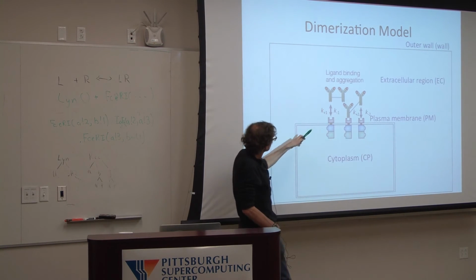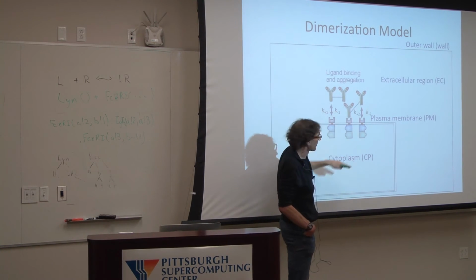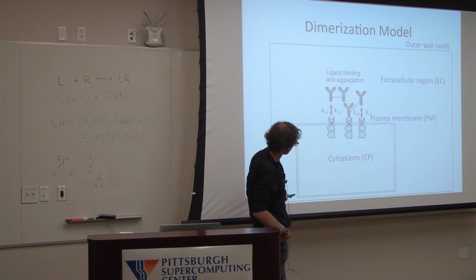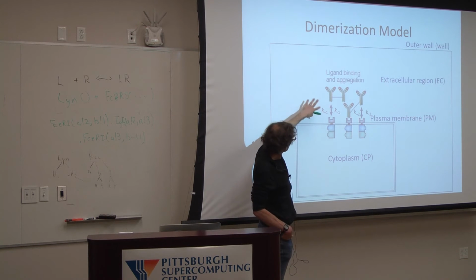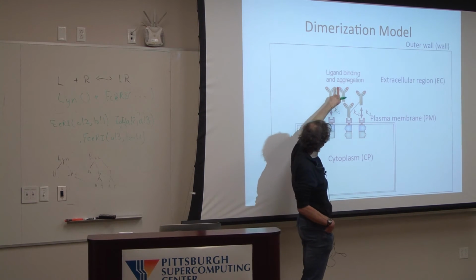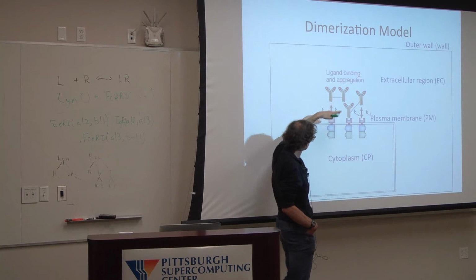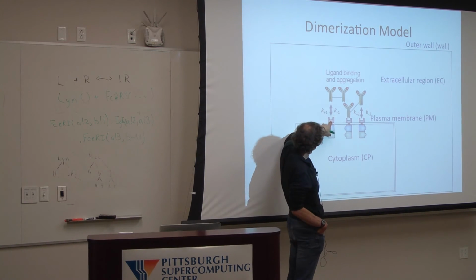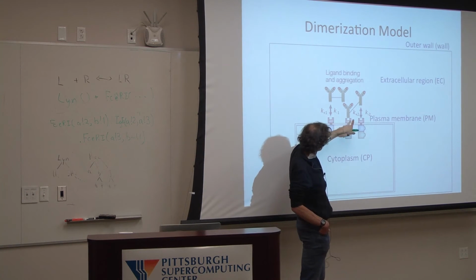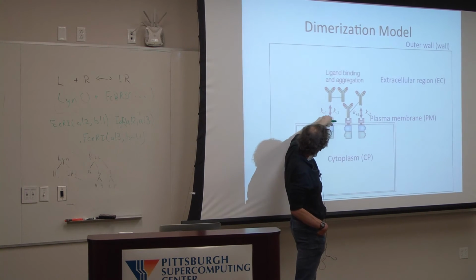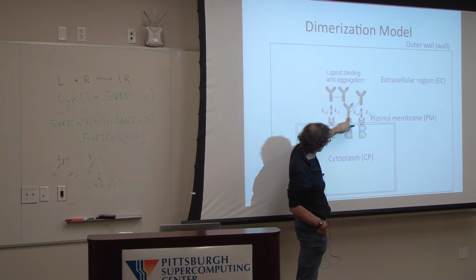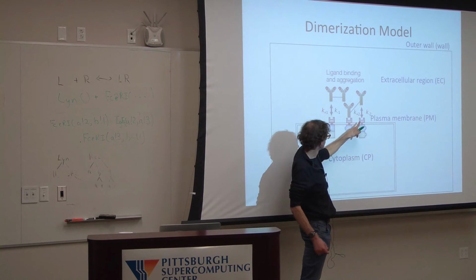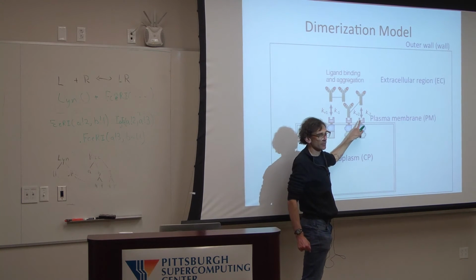In a typical experimental situation, you have a cell that's maybe in suspension, and it's interacting with freely diffusing ligand molecules in the suspension, and then the binding occurs to a single receptor, and once that first binding event has occurred, the ligand molecule is now tethered to the surface, and the second binding is effectively a reaction between two species that are present on the plasma membrane.